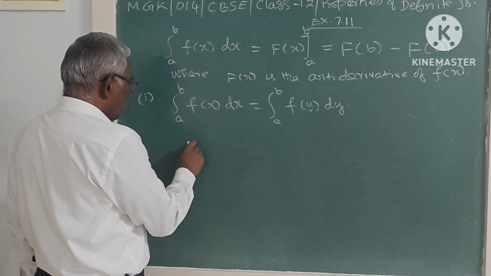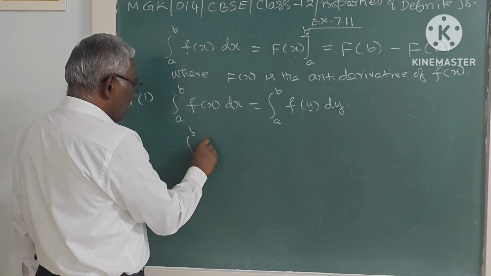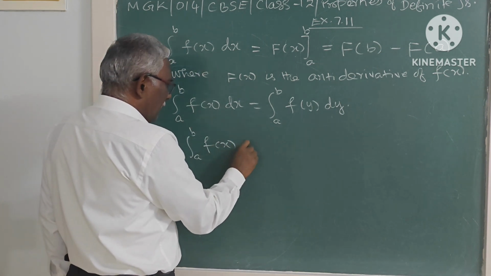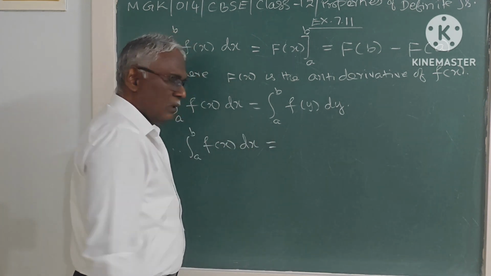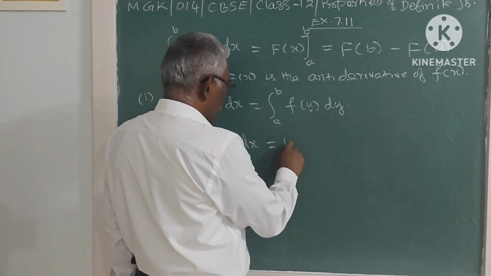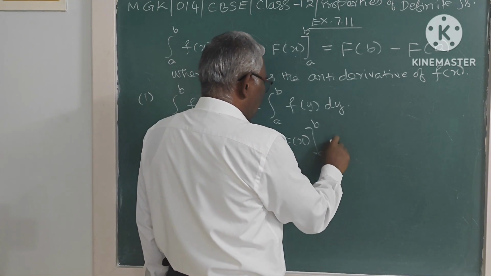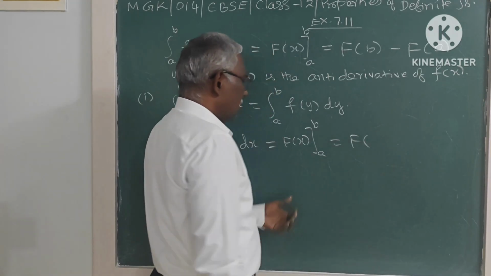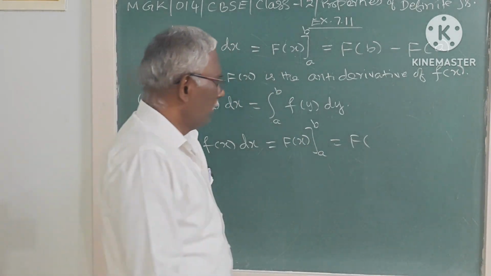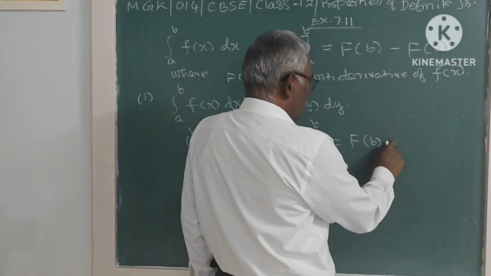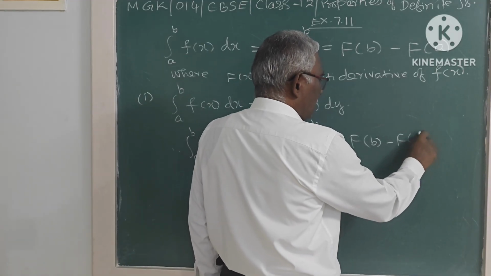Therefore, integral a to b f of x dx is capital F of x from a to b, where for x we substitute the upper limit: F of b minus F of a. We call this 1.